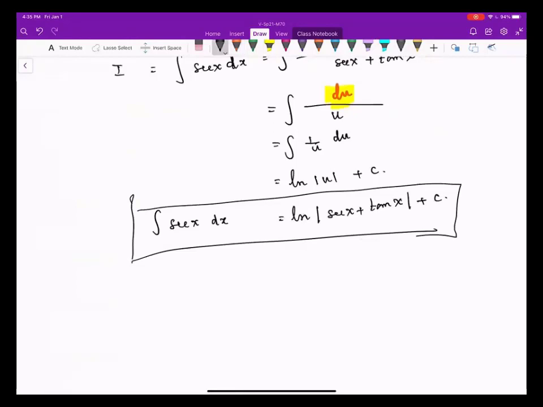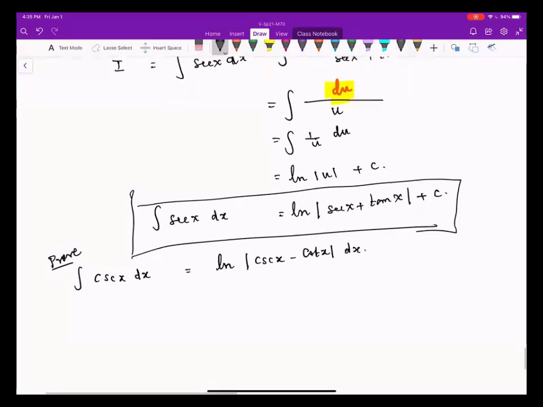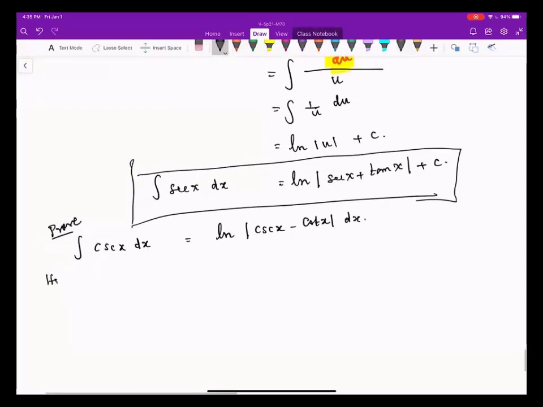So for this third one, to prove the integral of cosecant x dx equals ln of cosecant x minus cotangent x, you can try this one on your own. The cosecant x can be written as cosecant x times 1.